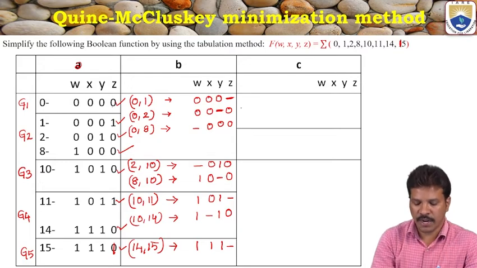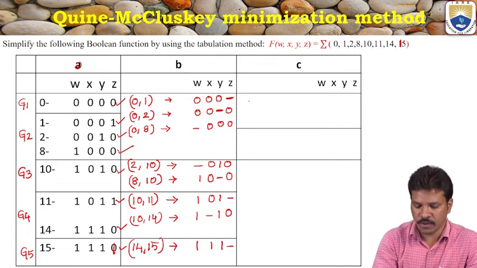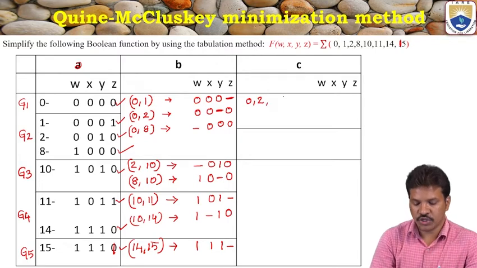So 0, 2 with 8, 10: if you compare, the first bit is changed and the remaining values are common. So 0 dash 0 is common. So we can group 0, 2, 8, 10.